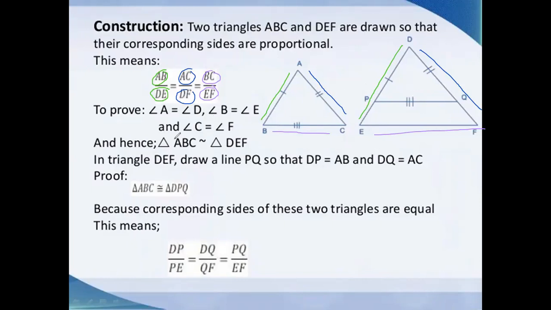Now take note, I forgot. The symbol for similarity of the two triangles is this one. It is like an equal sign, but it has a lying letter S at the top.